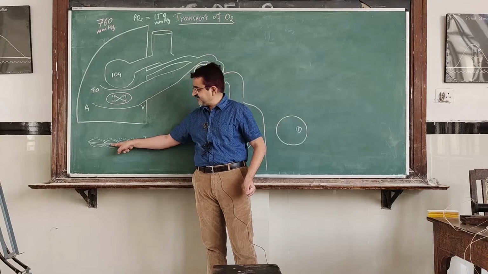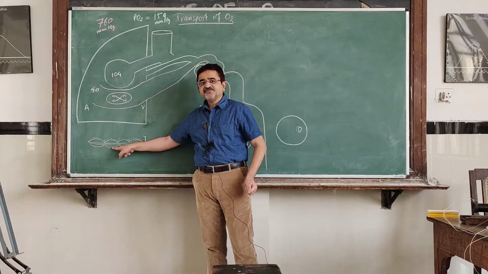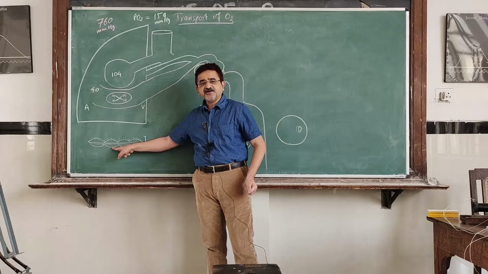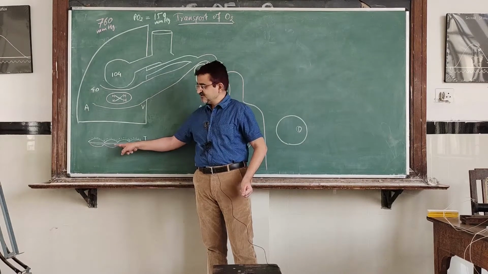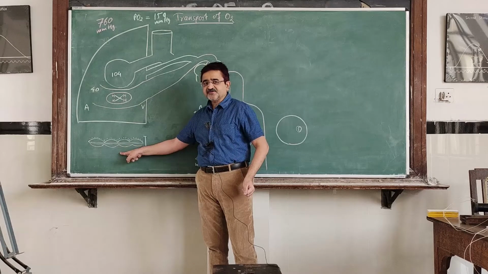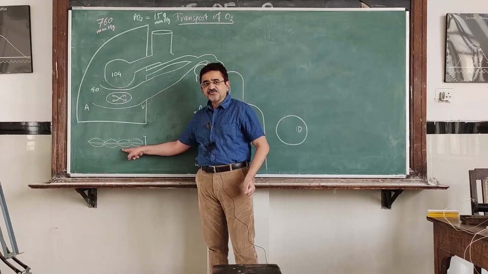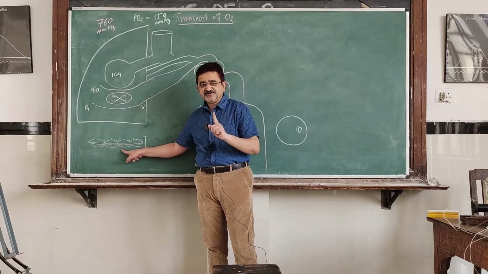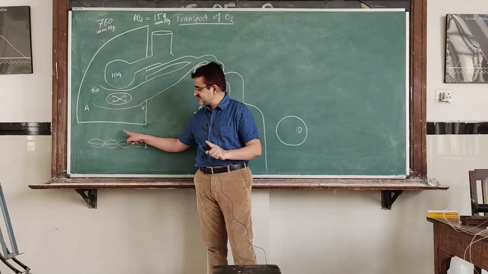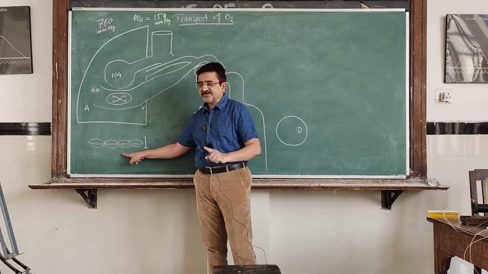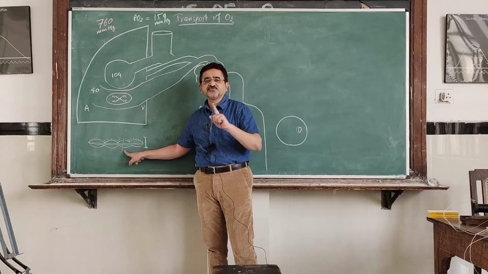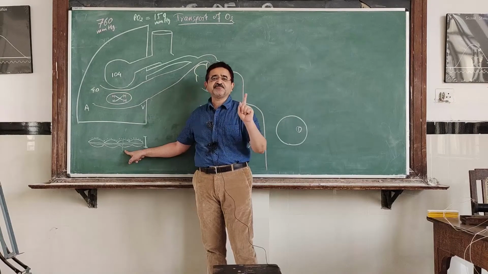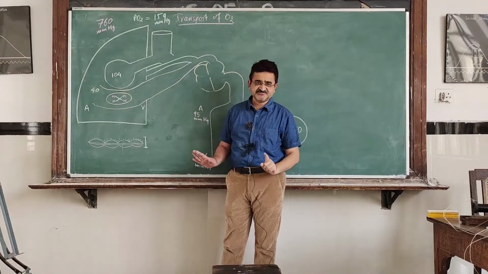Then the basement membrane, followed by the layer of capillary which is lined by flat endothelial cells. All these layers together form the respiratory membrane, and across it all the gases, that is O2, CO2, nitrogen, pass very easily. It is very permeable to all these gases.